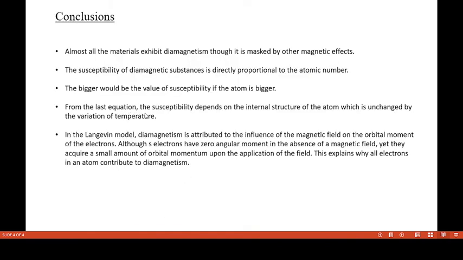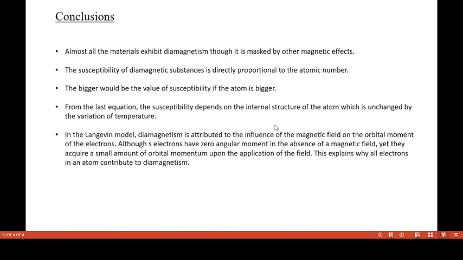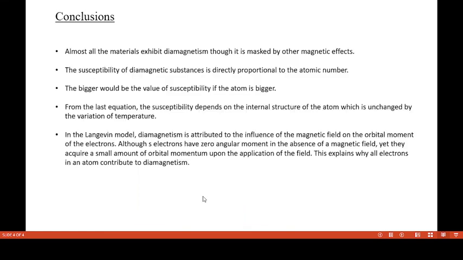From the last equation, susceptibility depends on the internal structure of the atom, which is unchanged by the variation of temperature. So, susceptibility depends on the value of mu naught. Mu naught is the permeability, which in turn depends on the internal structure of the atom, of the material. And we know there is no dependence on temperature here. Diamagnetic susceptibility is independent of temperature.